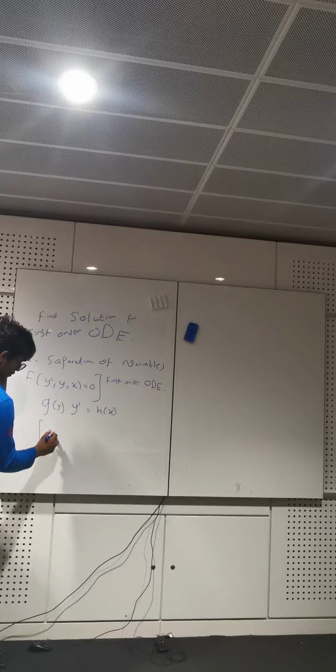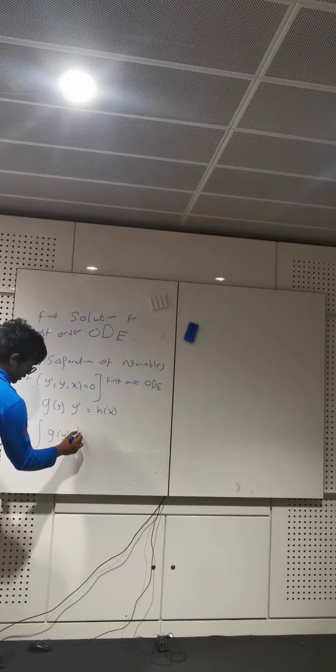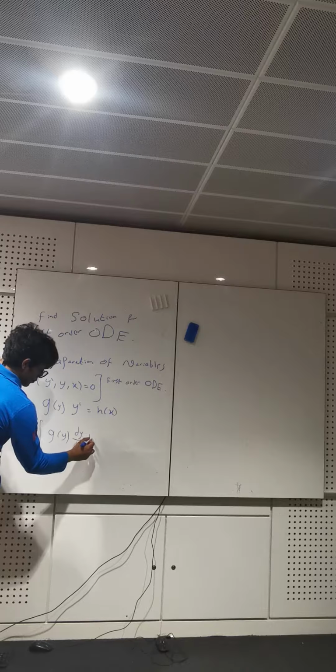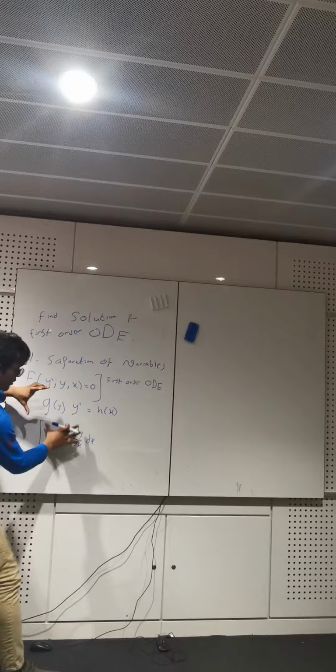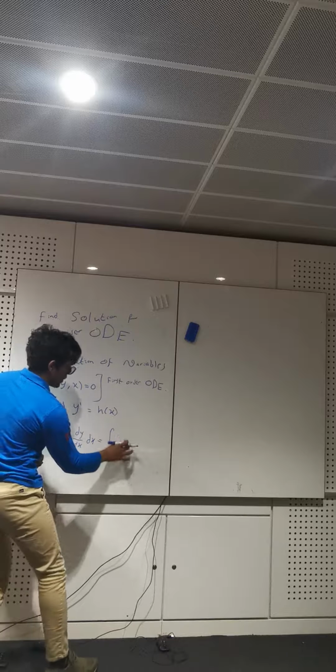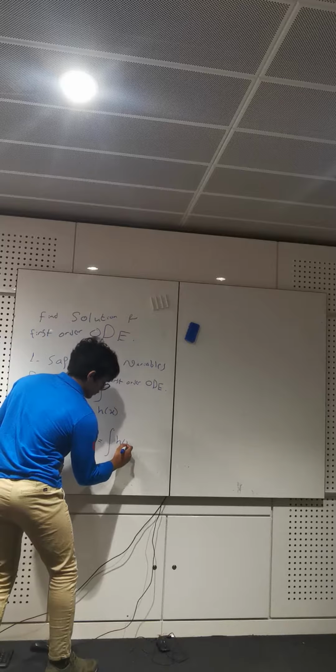Imagine just integrating both sides with respect to x. So this thing will become dy dx. We integrate this with respect to x, and we integrate that with respect to x.